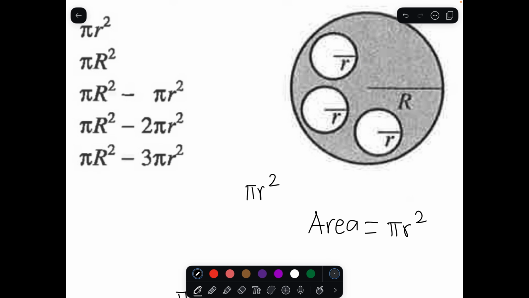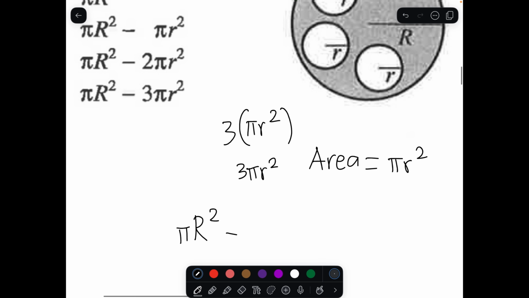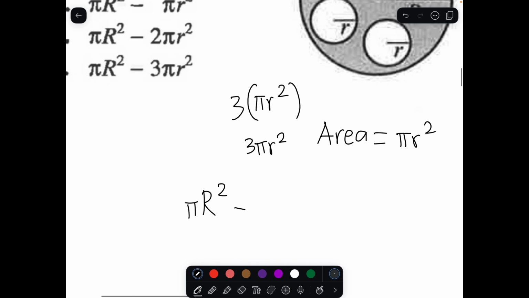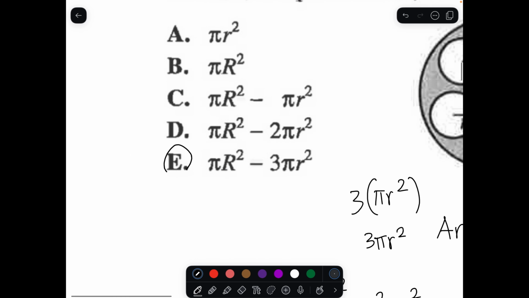And since there's 3 of them, the area of all of these is going to be 3 times the area of one circle, so this is going to be 3 pi r squared. This is the combined area of all 3 small circles. So it's going to be pi big R squared minus 3 pi lowercase r squared. So the answer to this question is E.